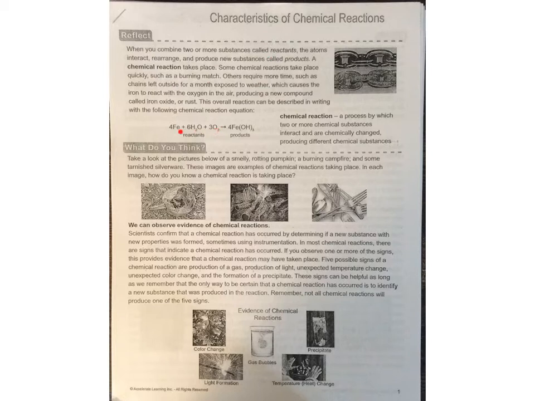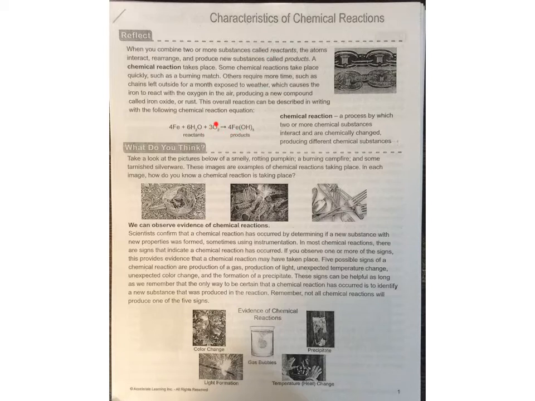And then if you take all of these atoms and you rearrange them, see how this subscript 4 in front of the iron? Well, there were 4 iron over here as well. Now this is where it gets a little bit tricky. This outside 3, this subscript outside, and this coefficient 4, multiply that together, and that gives us 12 oxygen atoms, which, wait a minute, that's what we had over here.